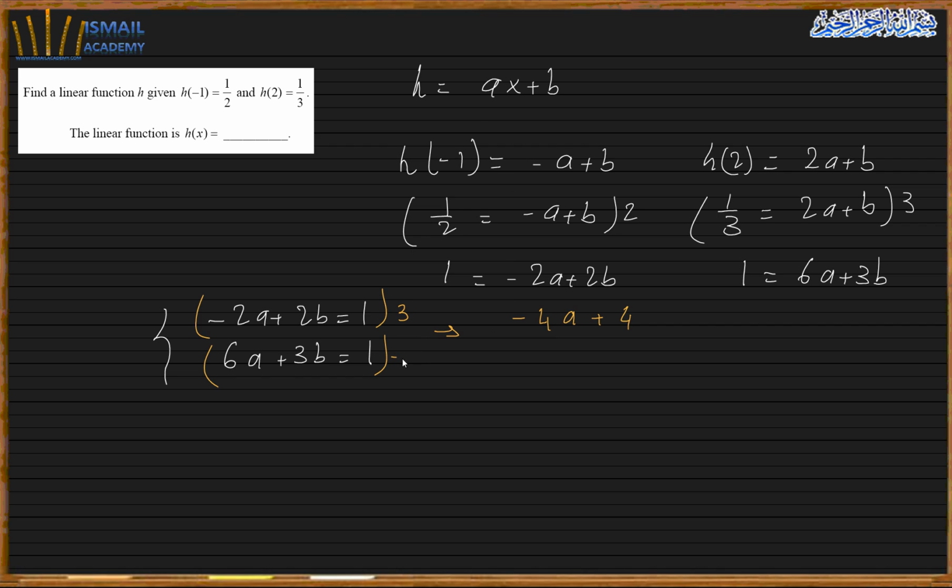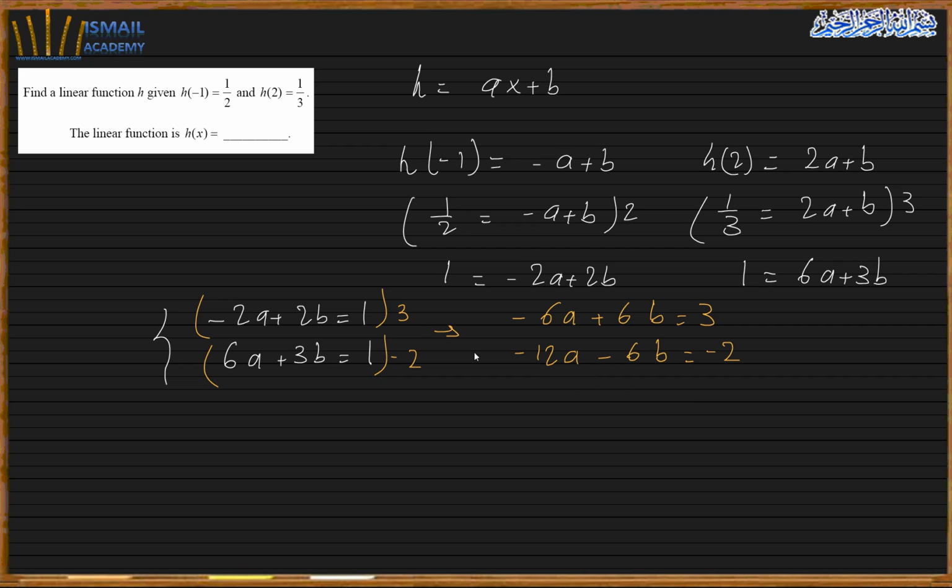So this is 3, this is 2. In that case I will have the same coefficient for b. So here it's going to be minus 6a plus 6b equals 3, and here I will have 12a minus 6b equals minus 2.